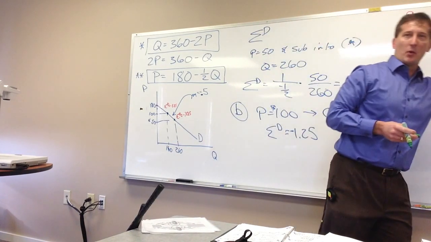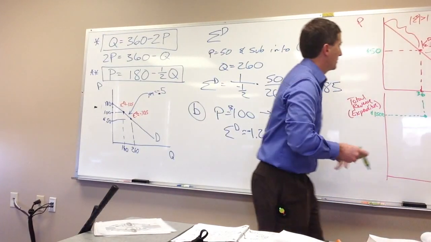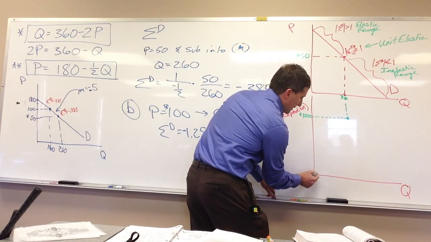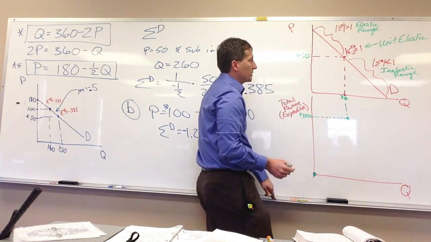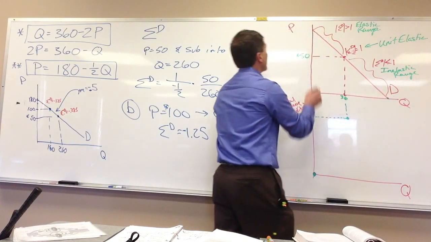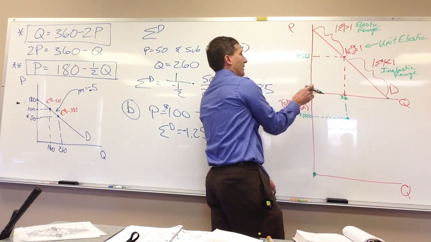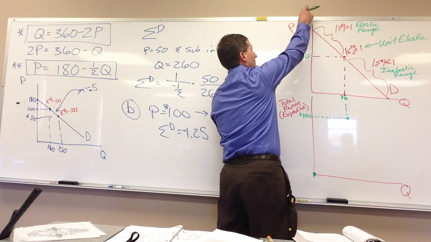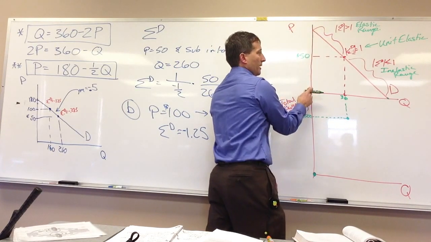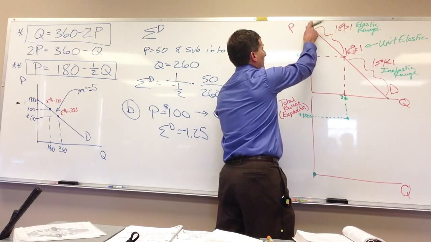The rest of the points along this particular graph would look like this. At a price of 0, quantity 0. At an infinitely high price, nobody's going to buy any. So an infinitely high price, or this price actually, since it's our intercept, is called the choke price, by the way.